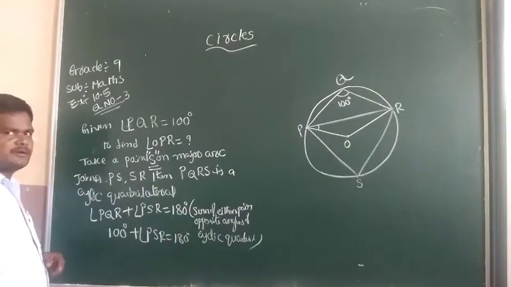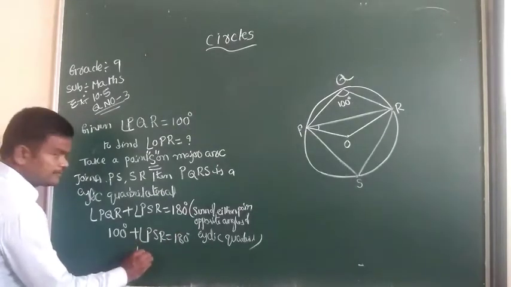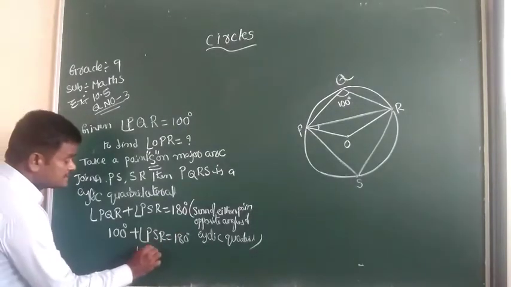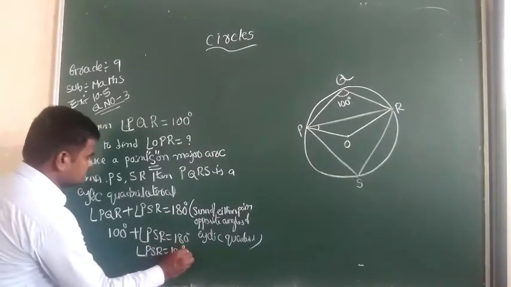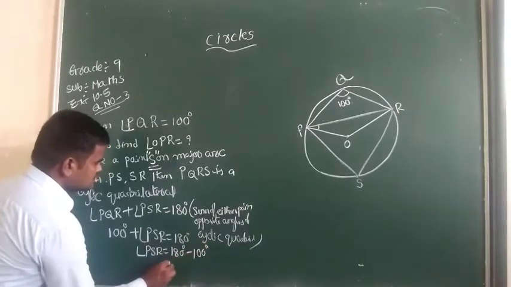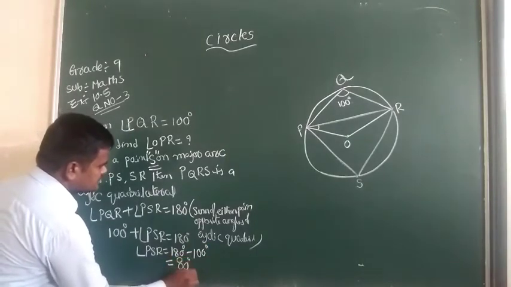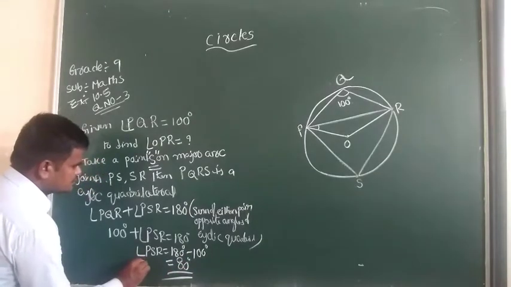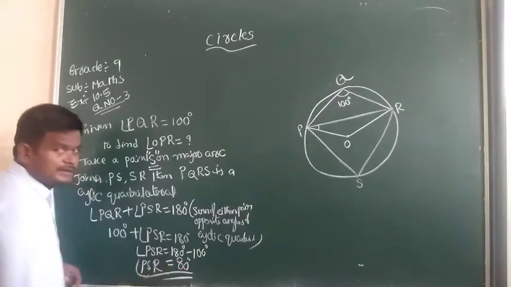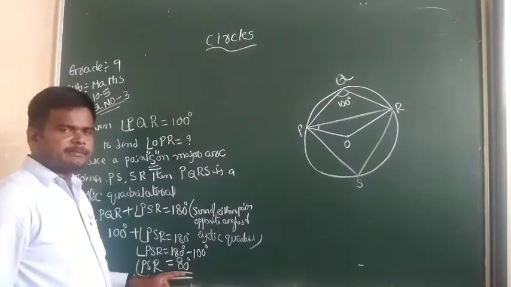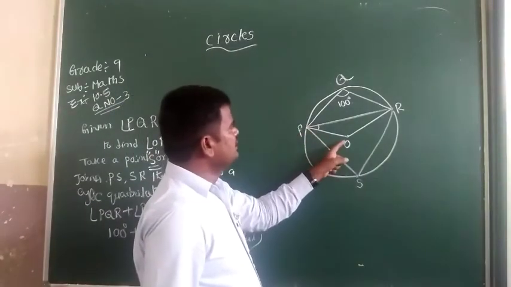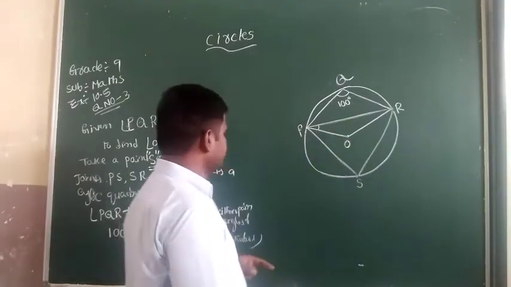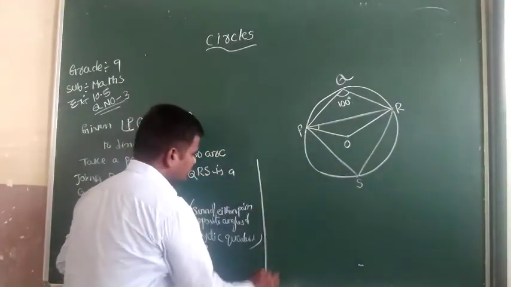Therefore angle PSR equals 180 degrees minus 100 degrees, which is 80 degrees. So angle PSR equals 80 degrees. We need to find angle OPR.